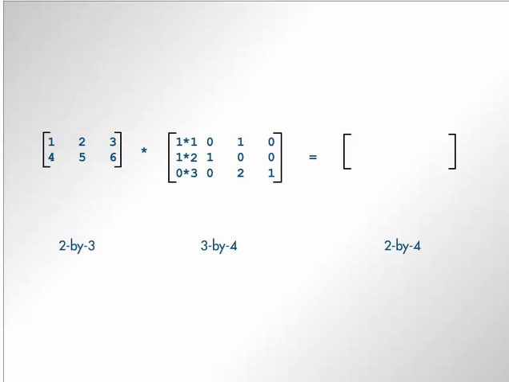Then, for the multiplication, each element of a row of the first matrix is multiplied by the corresponding element of a column of the second matrix. The resulting products are then summed together to produce one element of the final result. This is then carried out over all rows and columns of the two matrices.